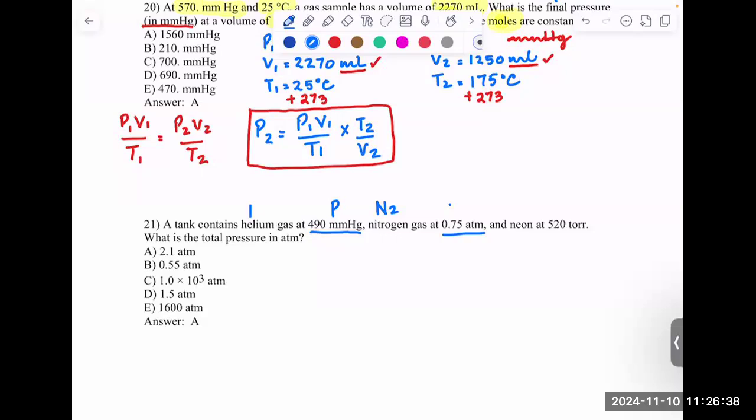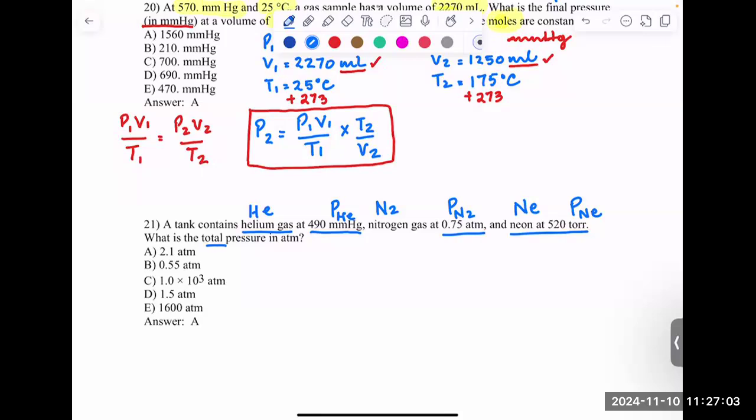Oh, sorry, helium gas is at 490 millimeters of mercury. Nitrogen gas is at 0.75 atm, and neon is at 520 torr. So call it the pressure of helium, pressure of nitrogen, and pressure of neon. Okay, what is the total pressure?